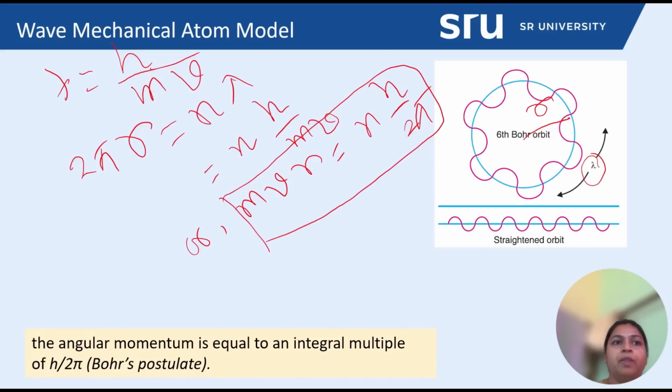This mvr is the angular momentum of the electron regarded as a particle. Hence the angular momentum is an integral multiple of h by 2 pi. So this is basically Bohr's postulate.